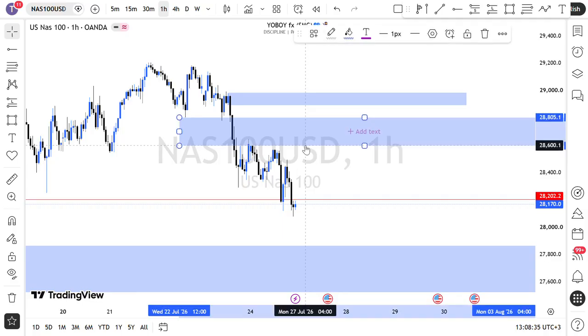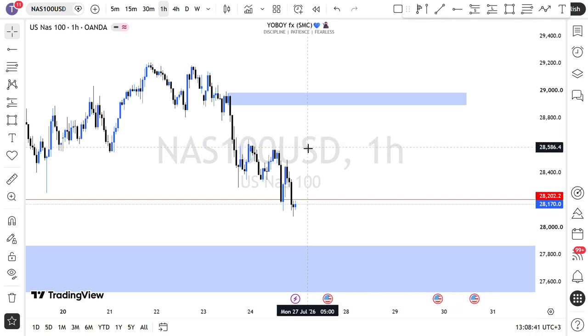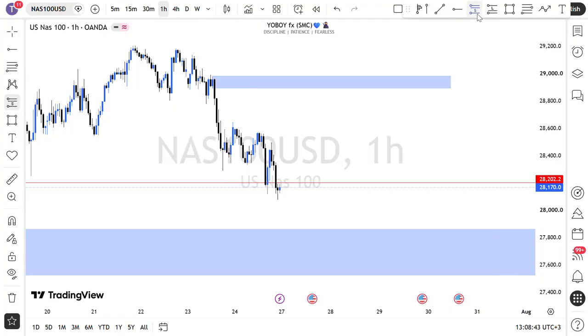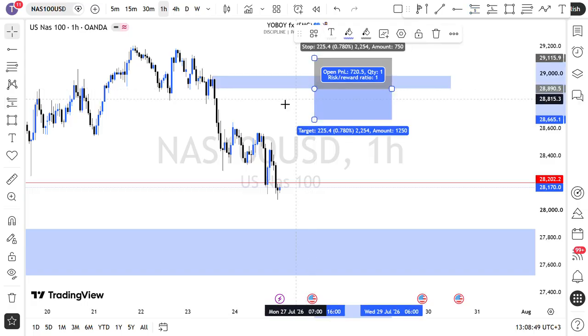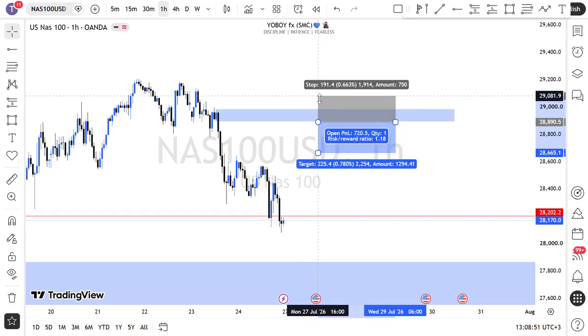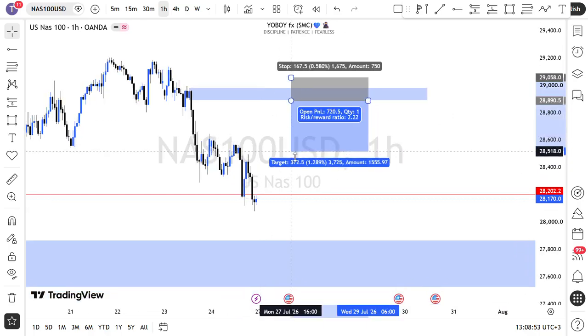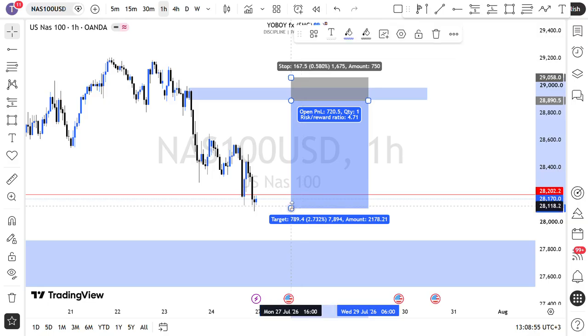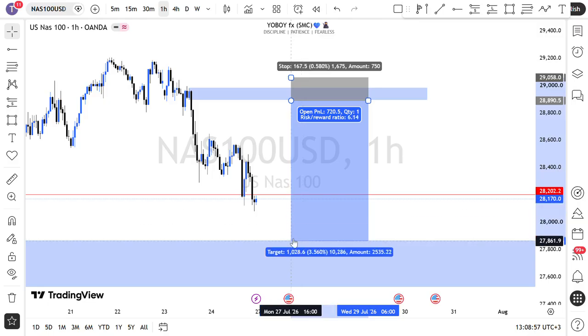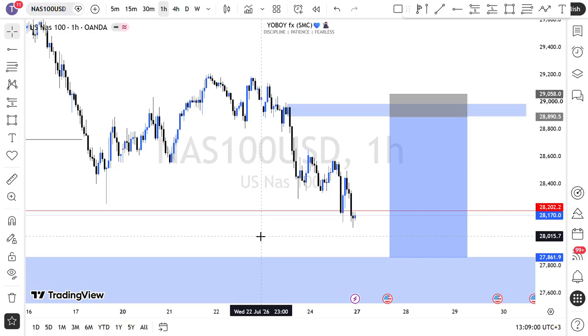So because of that, the fair value gap will be used to attract price into that area, and then we'll be looking for some selling opportunities. Let's say maybe around from this 1 hour order block, and then we take our selling opportunities from there, and then we target this low or this order block that is down there in the daily time frame.